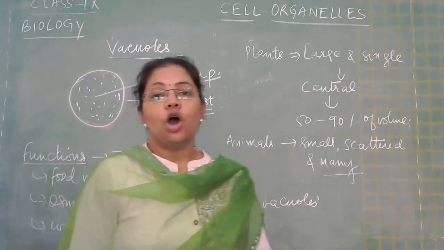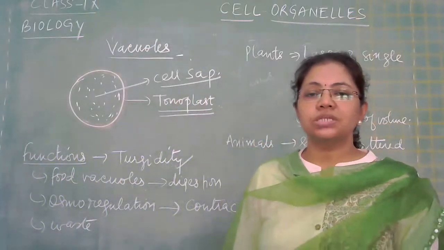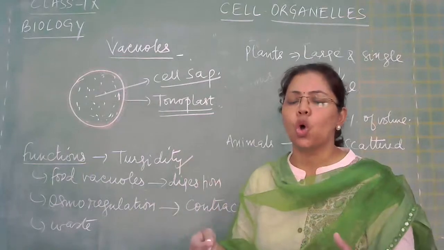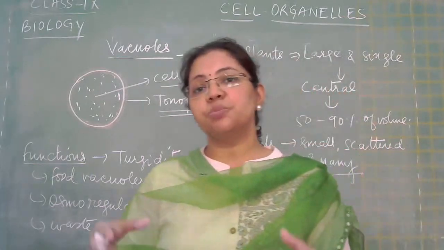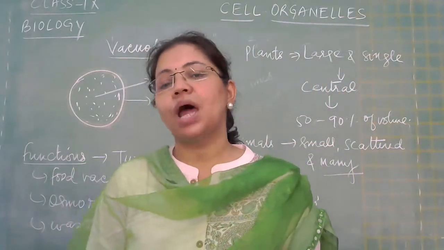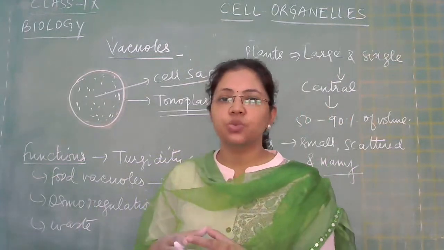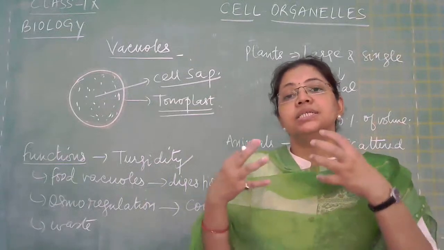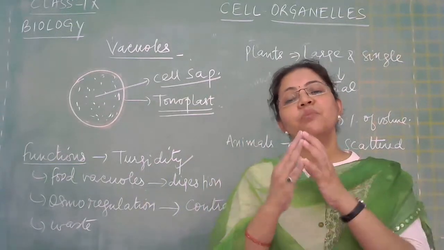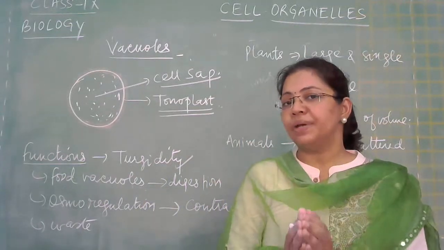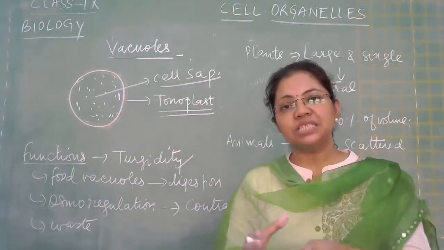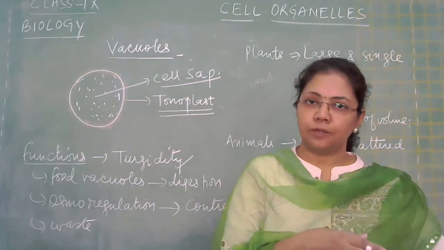Now waste means some vacuoles can store waste material, especially inside the body of plant cells throughout life, without harming the plant cells. That is the first way in which they help. The second is that some vacuoles also help in throwing the waste material out of the cell.